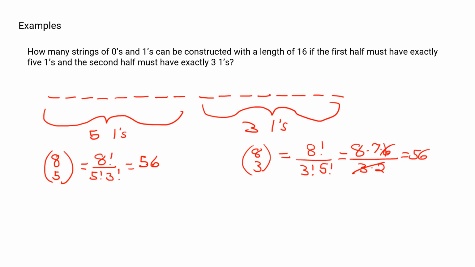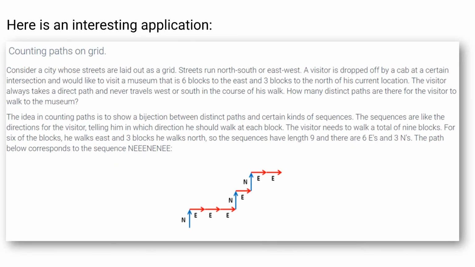Think about it as stages. In this stage there are 56 ways, and in this stage there are 56 ways. So the product rule says that you just multiply those numbers together. How many ways for the first half? 56. And for the second one? 56. So multiply those together, and then you get the answer.